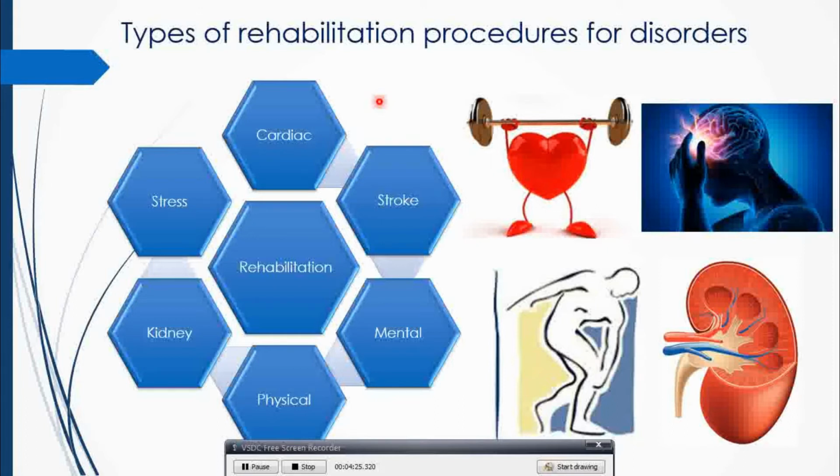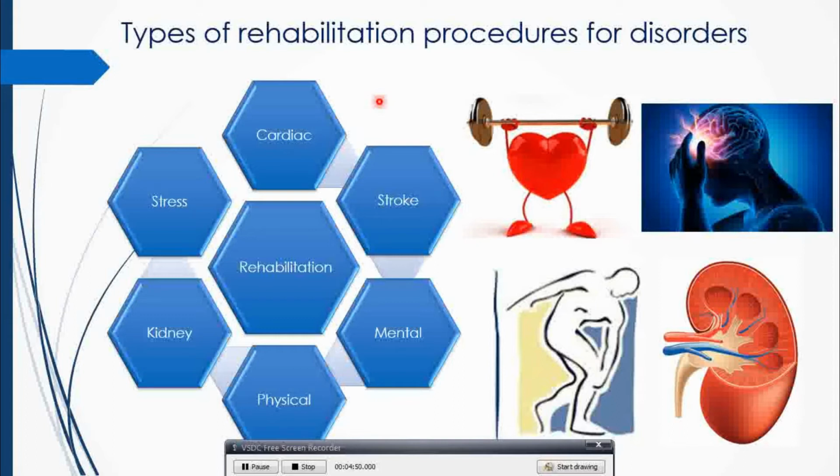They will have mental illness and physical as well, so they cannot perform very rigorous activities. So this all falls under the procedures of rehabilitation. They have to go through certain procedures. So cardiac is one of the examples.